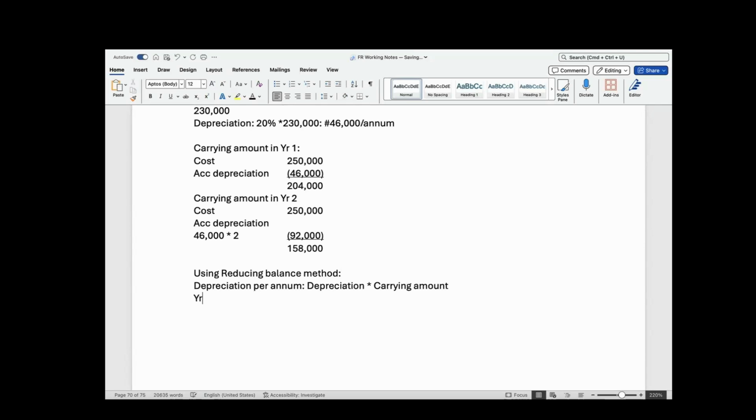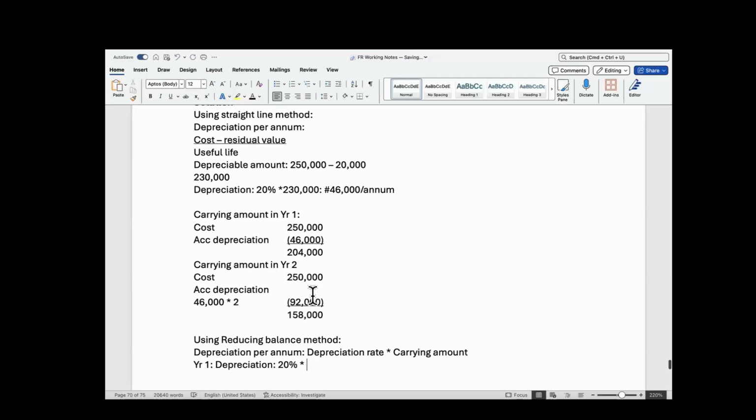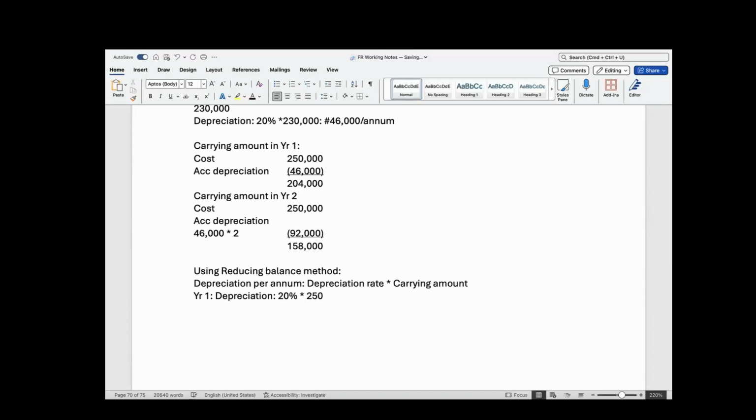In year one, I'm just starting, so the carrying amount is equivalent to the cost.